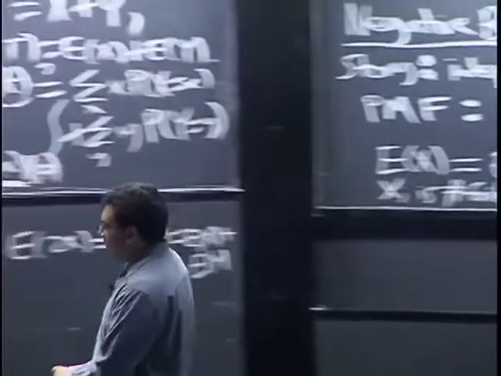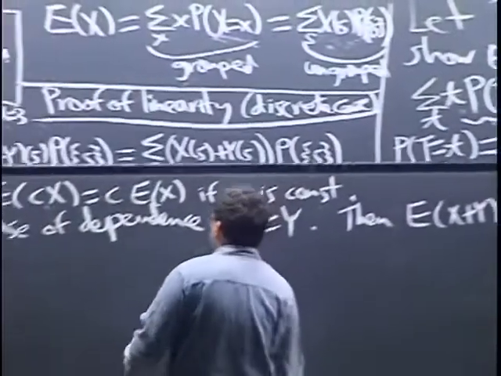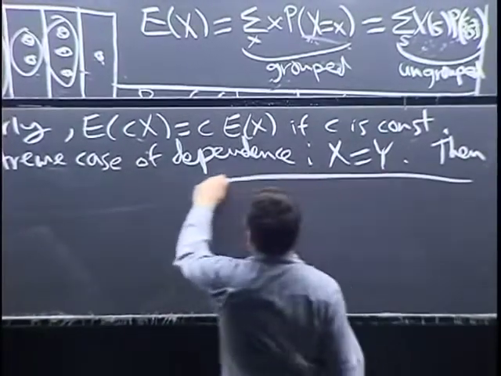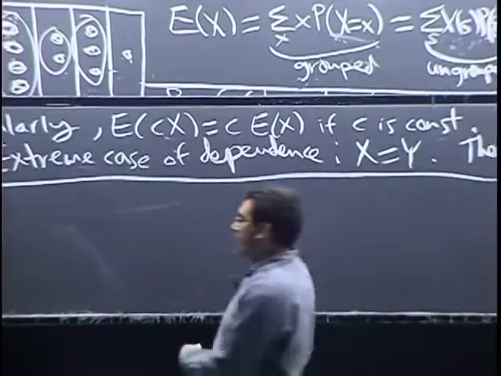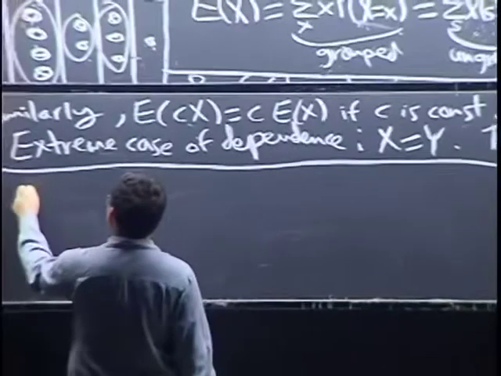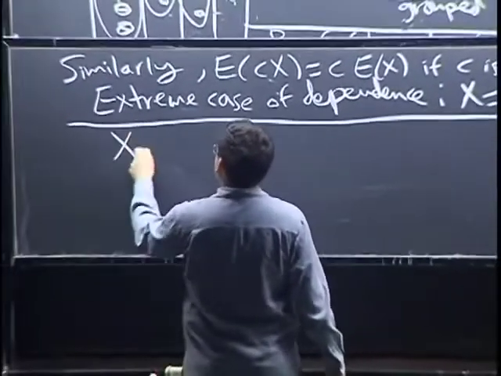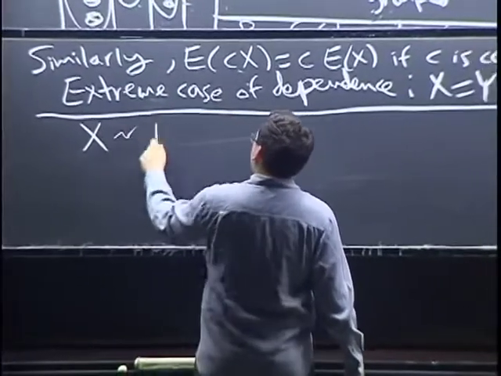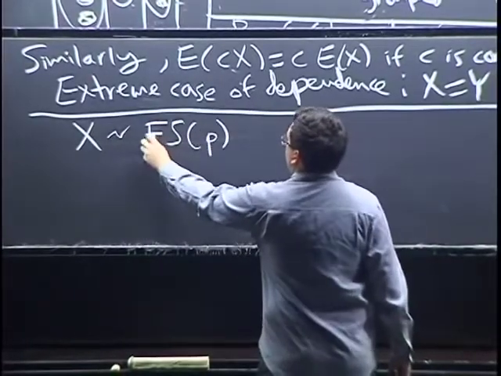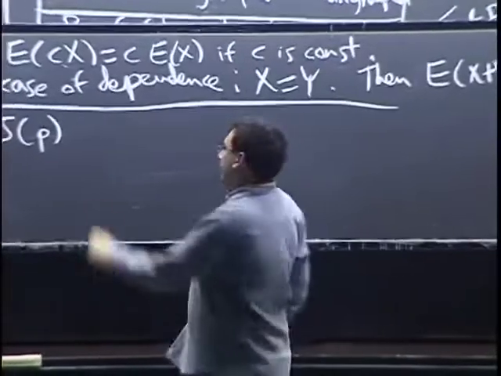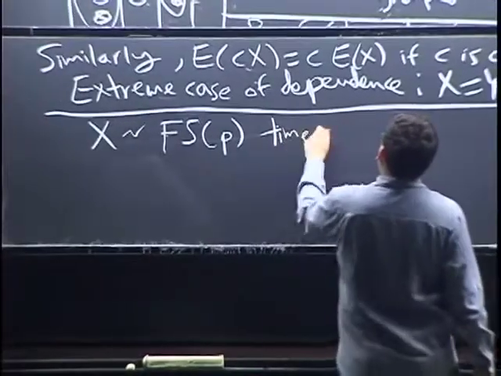Just to say a little bit more about that geometric thing, let's define what is sometimes called the first success distribution. Let x be FS of p. That's first success of p. That is the time until first success.